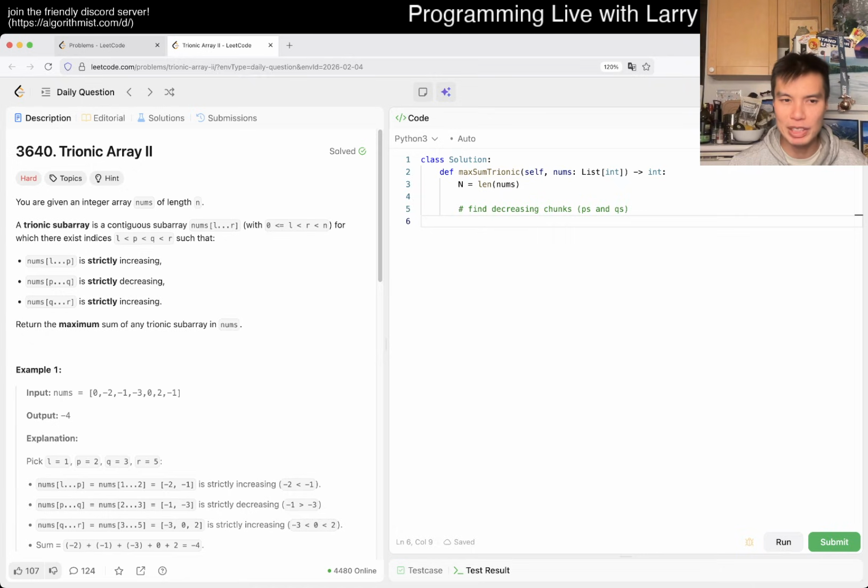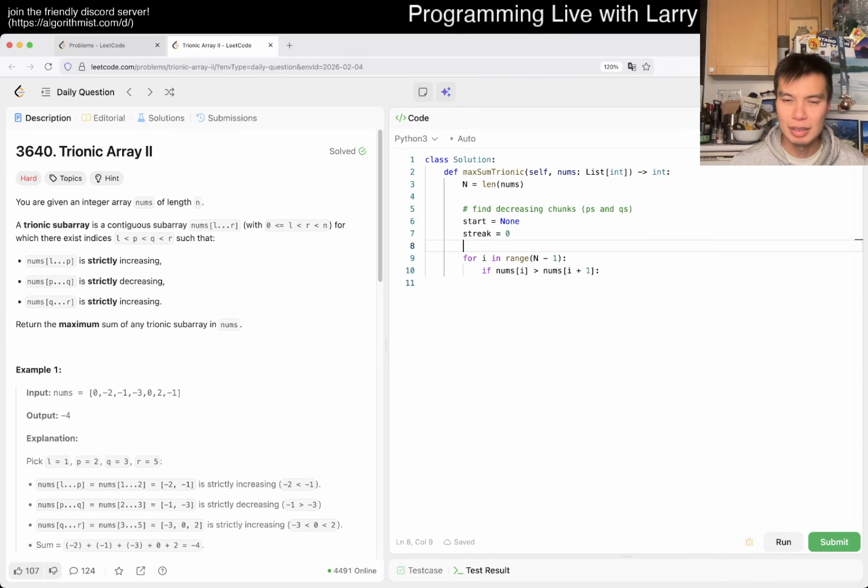So start is going to be None, say for i in range of n. If nums[i] is greater than nums[i+1], then here, if start is None, then start is equal to i, and streak is equal to 1, because this is the beginning and this will count itself, right?